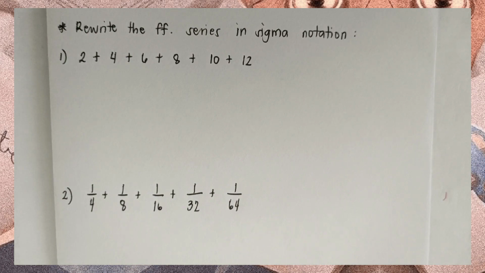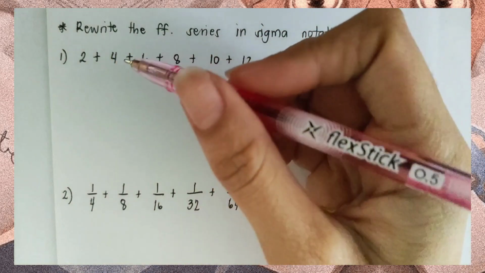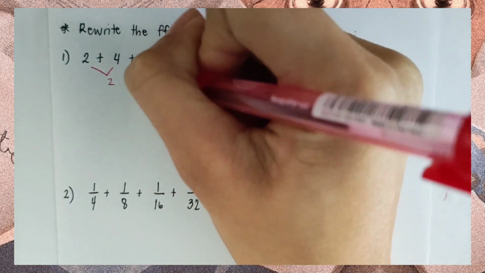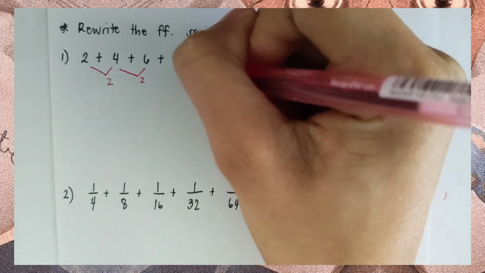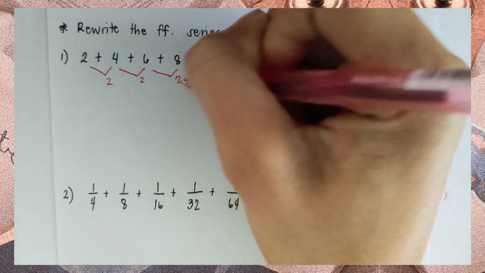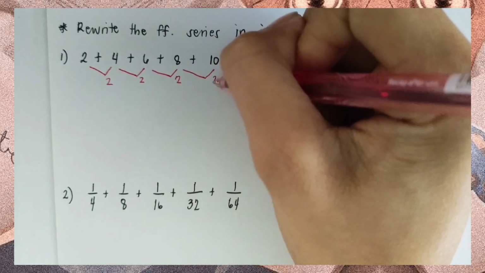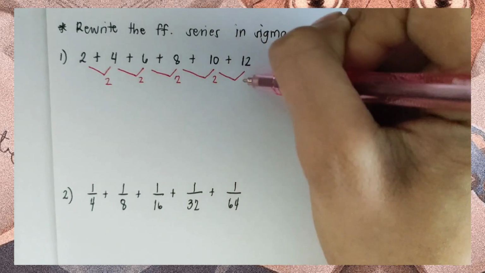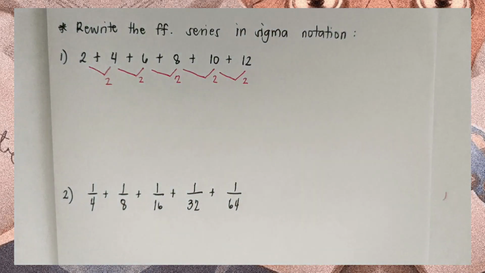Very good. It is arithmetic. Now, let us get the common difference. 4 minus 2 is 2. 6 minus 4 is 2. 8 minus 6 is 2. 10 minus 8 is 2. 12 minus 10 is 2.